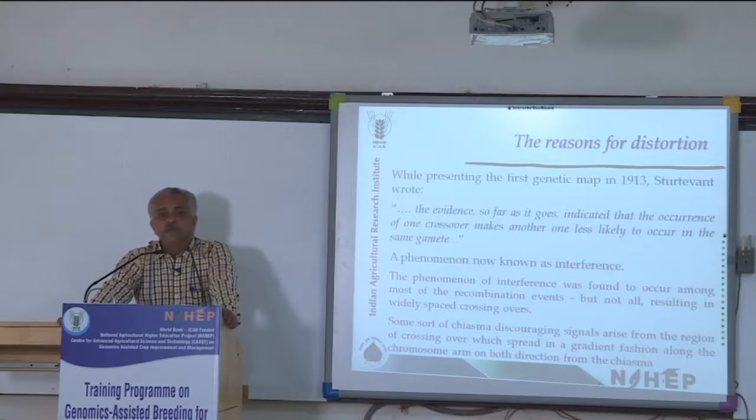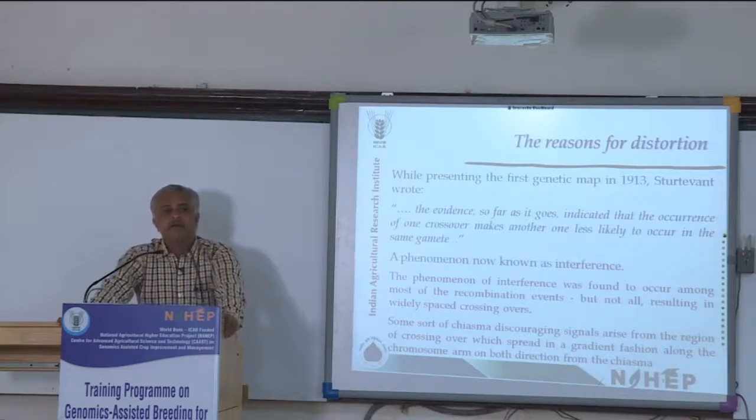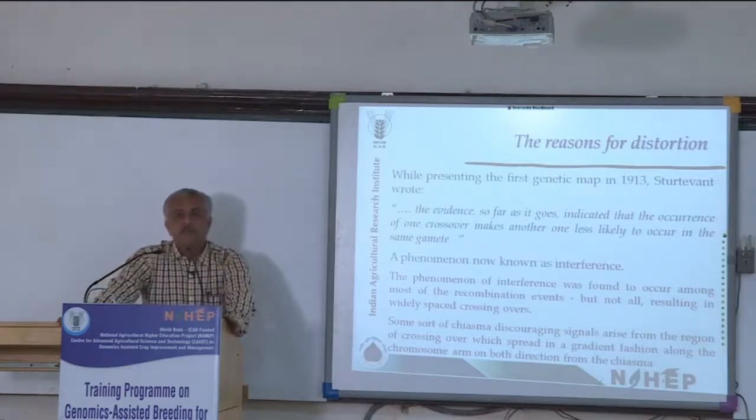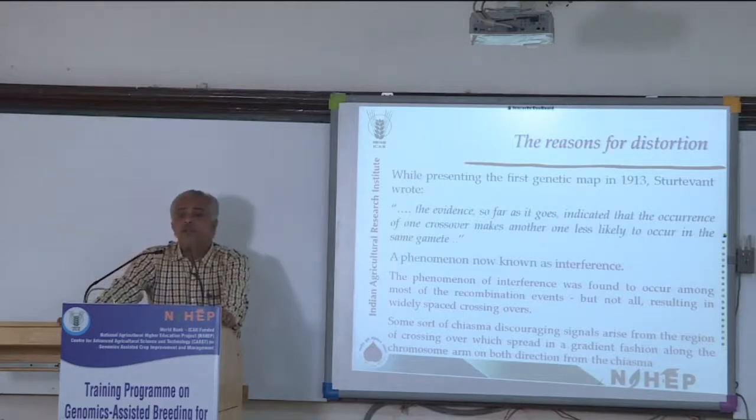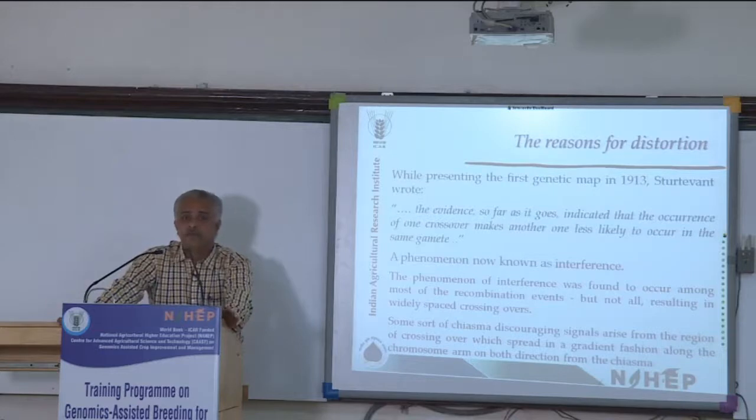The reason for this is actually a phenomenon called interference. When the first map of the Drosophila X chromosome was made by Sturtevant in 1913, at that time there was no evidence of interference. No one knew what happens.